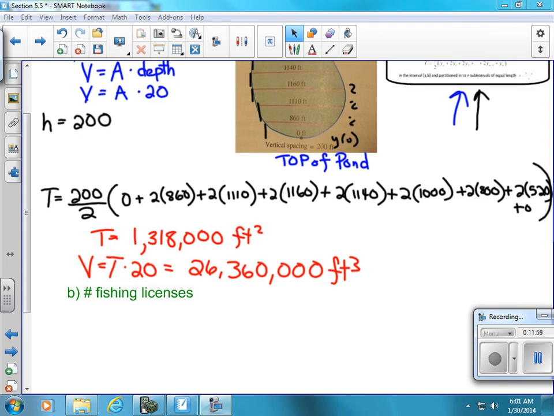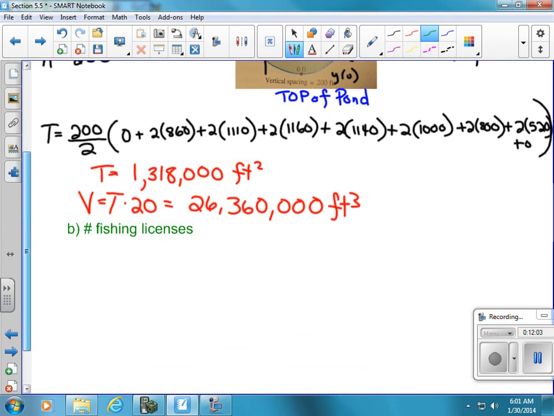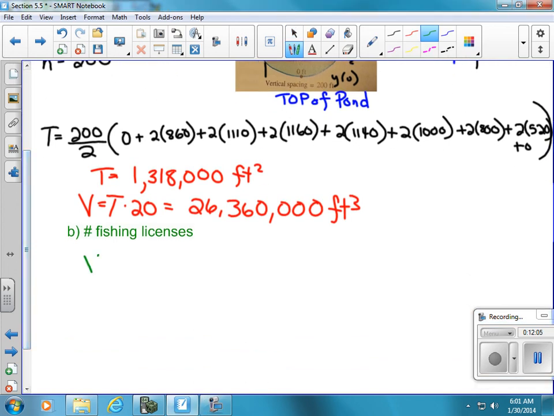So first it says we're going to have 1 fish per 1,000. So let's see how many fish we have first of all. We're going to take this number V and divide it by 1,000. So we have this many fish, 26,360 fish. All right, so then it says we want 25% left.